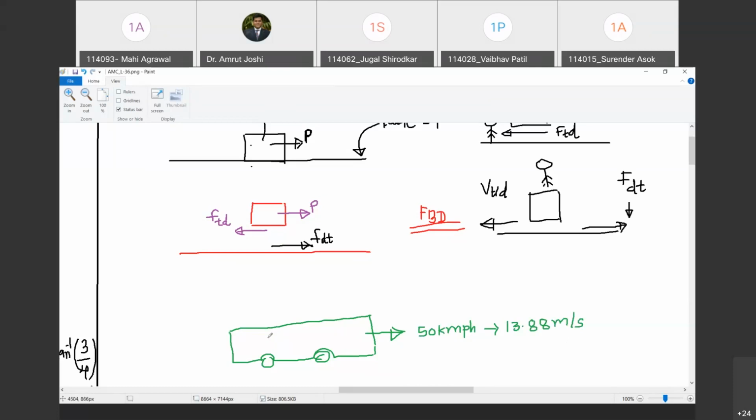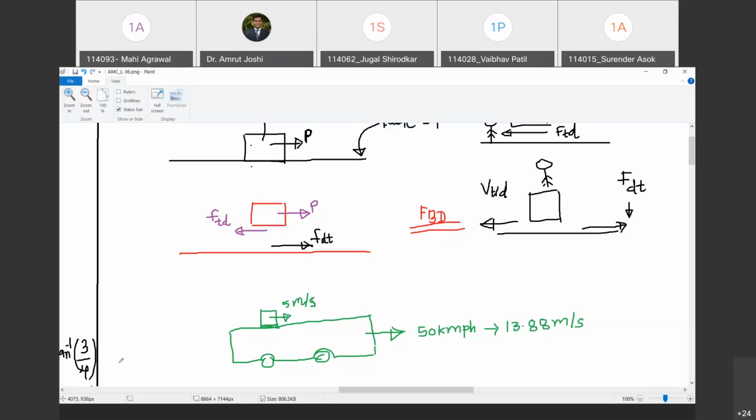The bus is moving with this speed. Happy? Yes, sir. And there is an object, a bag, on top of it which starts moving with an absolute speed of 5 meters per second. Are you with me? Yes, sir. Absolute speed.